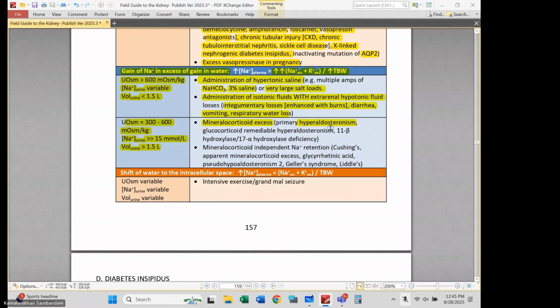But in volume expanded states like hyperaldosteronism, there appears to be a reset osmostat of sorts in order to defend against the hypervolemia. There is, let's say, an adaptive elimination of water, and so the sodium is relatively high in these patients that might have this chronic hyperaldosteronism.